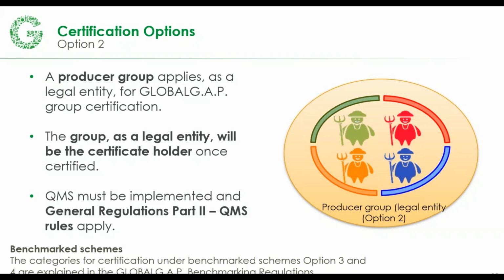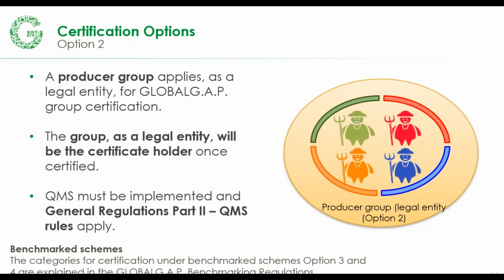This would be an organization that's responsible for helping the producers, but is not responsible for getting that product onto the market. So we have to be very careful about who can be the certificate holder, but I think those are discussions and questions we could have at an individual level.